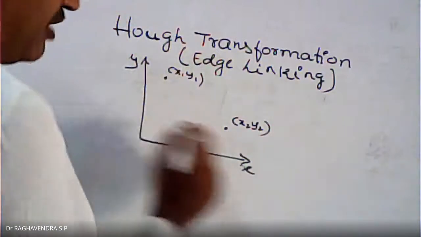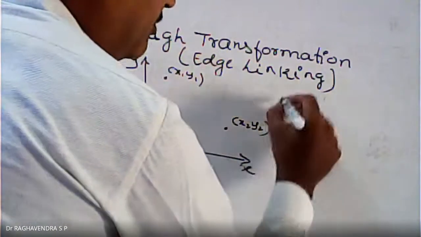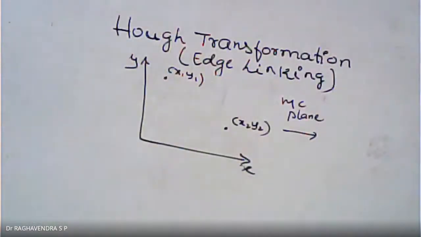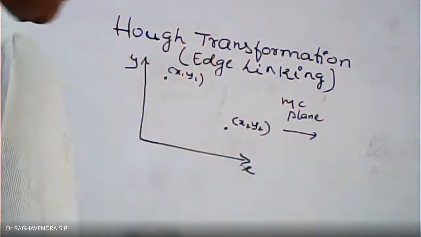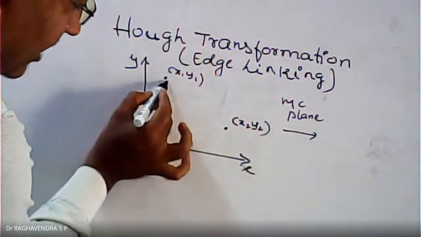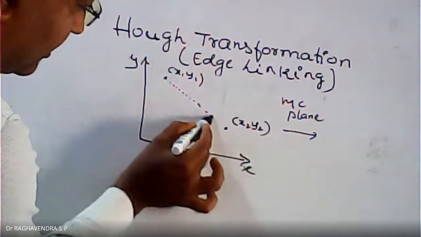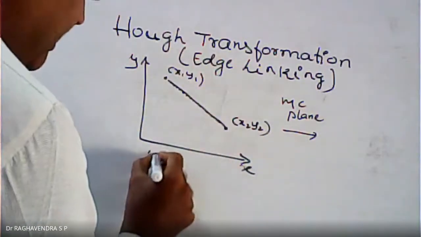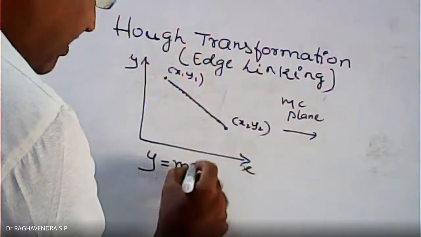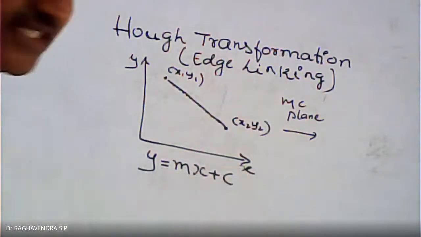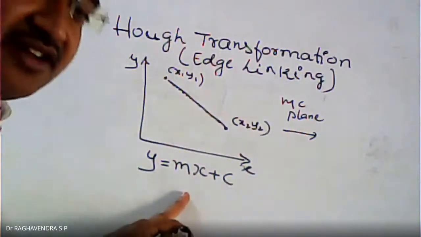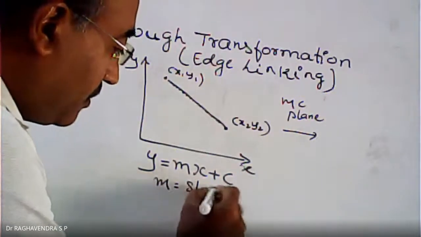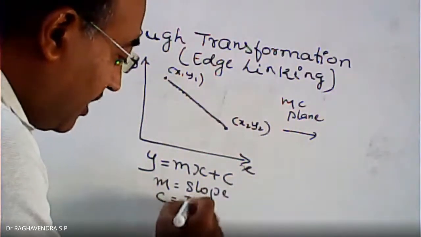But for that, you have to convert this xy plane into the MC plane. Why do we have to convert this xy plane into the MC plane? Because we have to draw a straight line here, and we know the equation of a straight line is y equals mx plus c. Here m stands for slope and c stands for intercept.